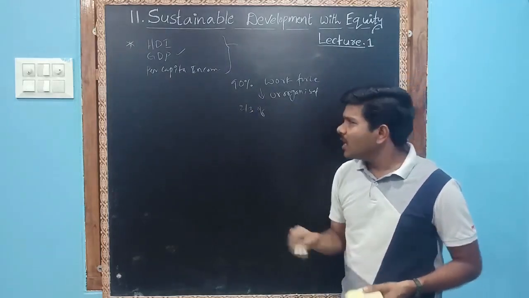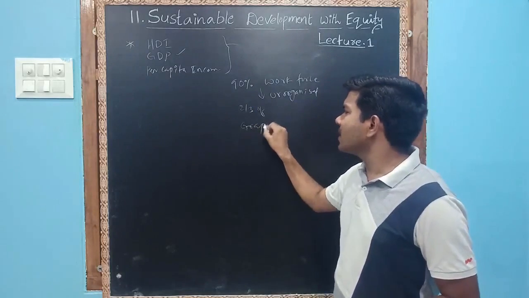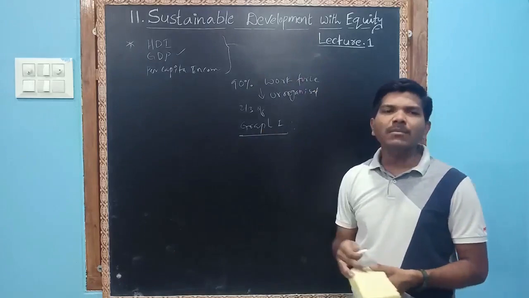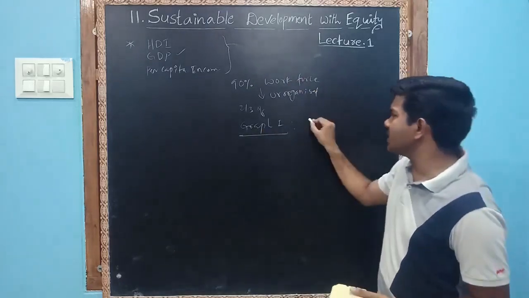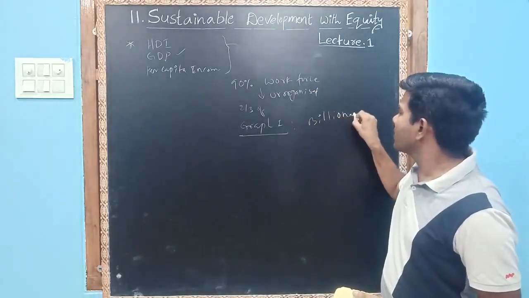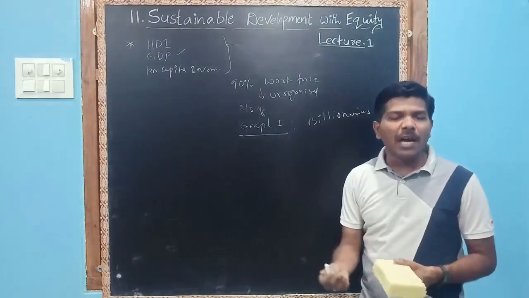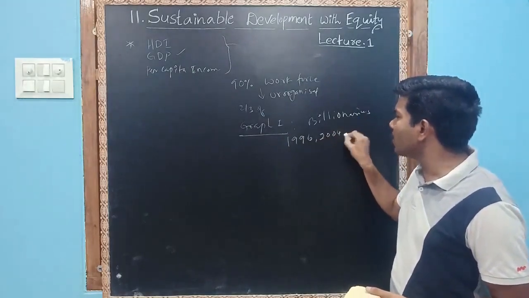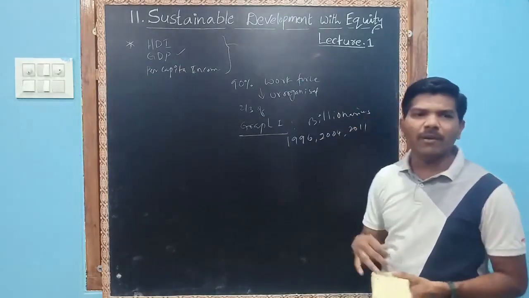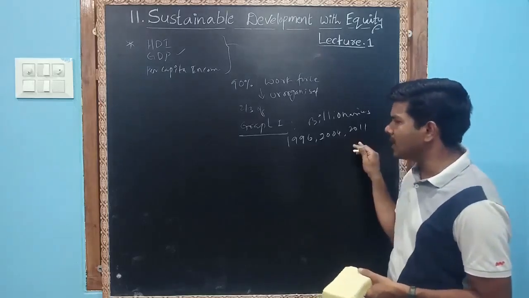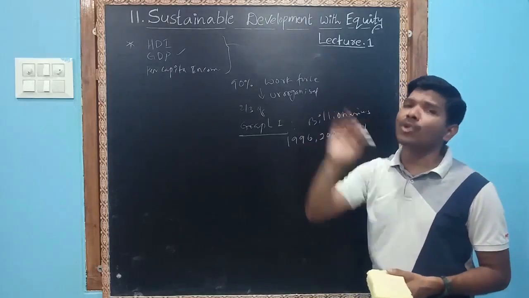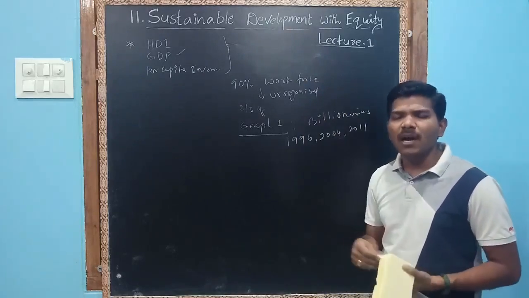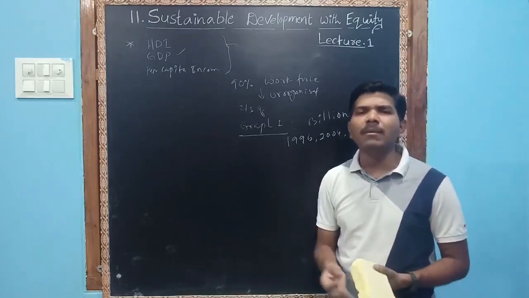How can I say this? It is given in graph number 1 in our sustainable development lesson. Graph number 1 shows billionaires, with data given for 1996, 2004 and 2011. From this data you see there was huge growth among the billionaires in these years. How can a person become a billionaire?